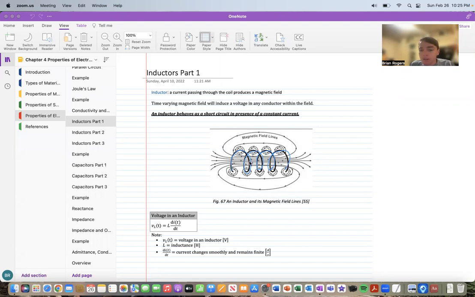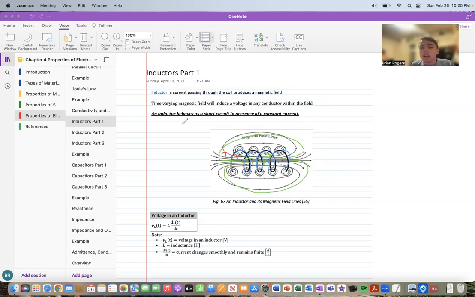If we pass in a current, call this I, and it's going through the coils, it's going to create magnetic field lines that are going to go from one end to the other. And so these magnetic field lines are going to store energy in them.